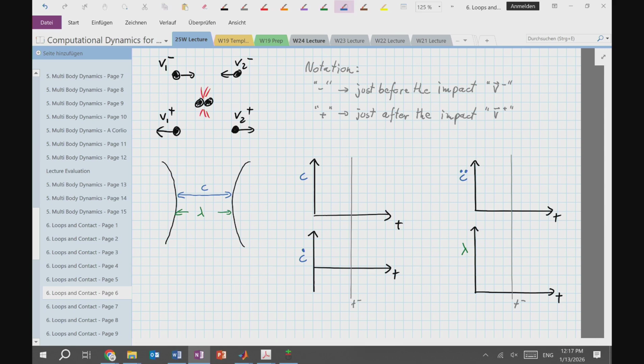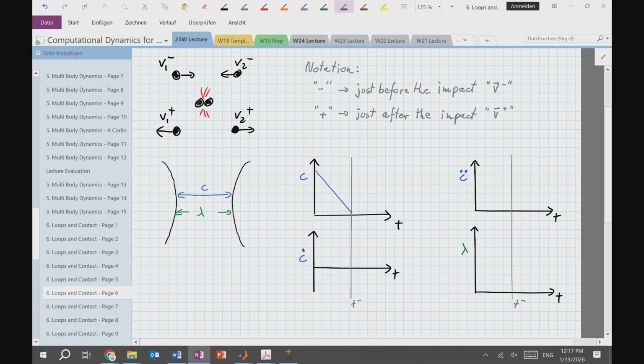And now we can look at what's happening here. So I will start with the graph over here. You see time. I show here t minus, the instance when the collision process will begin. And until then, it's pretty clear what will happen. The bodies will move towards each other.